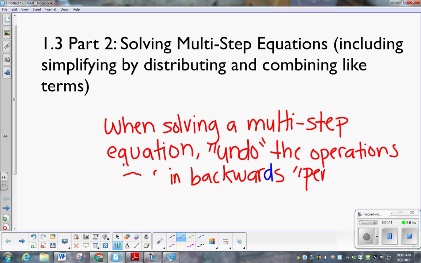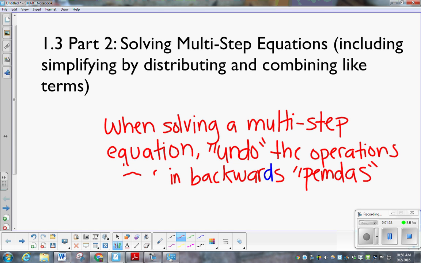Instead of writing order of operations, I'm just going to write PEMDAS because I know that you all know that. So when you're solving these multi-step equations, you want to undo everything that's happening to your variable, like your x or whatever letter it is, and you want to undo all the operations happening to it in backwards PEMDAS order.